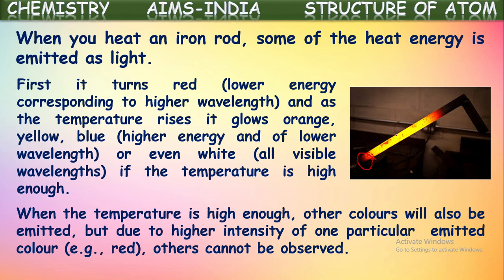At very high temperatures, it glows white. So when the temperature is high enough, almost all the colors are emitted. But one has a higher intensity than the others, so only that is seen, and the remaining cannot be observed.